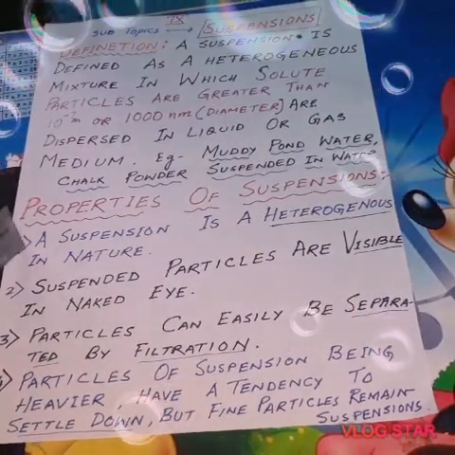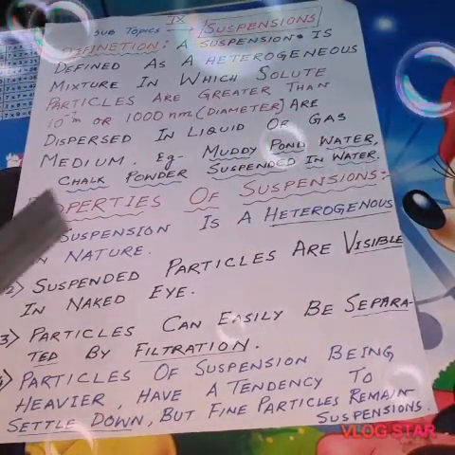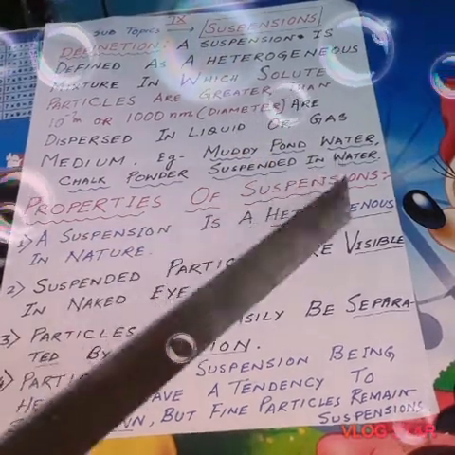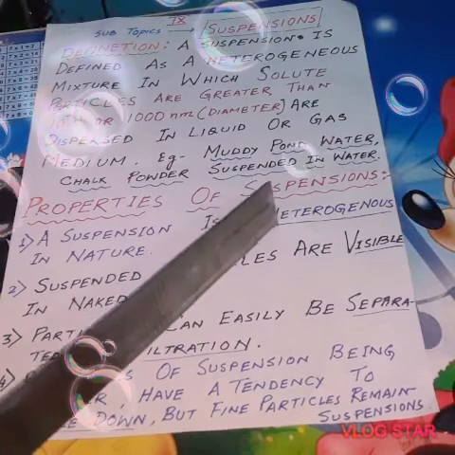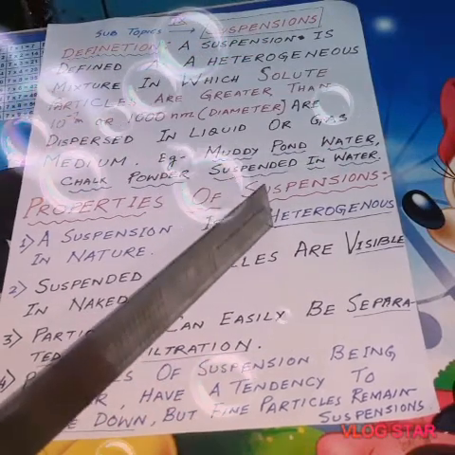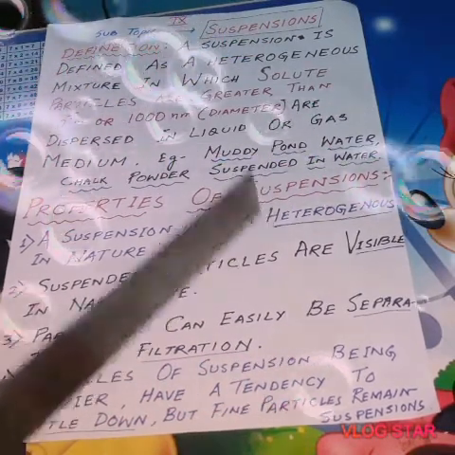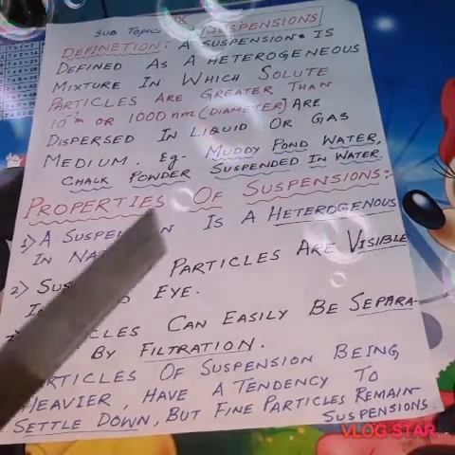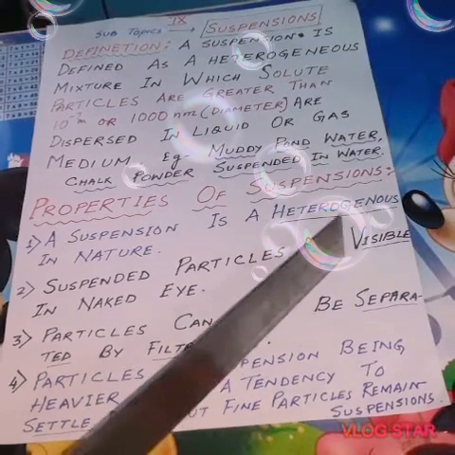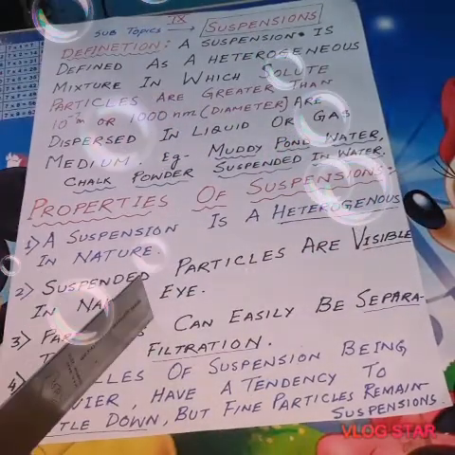First property of suspension: a suspension is heterogeneous in nature. Heterogeneous, I think you know it, this term I have discussed earlier. Number two, suspended particles are visible to the naked eye.